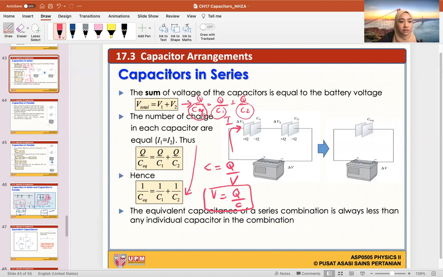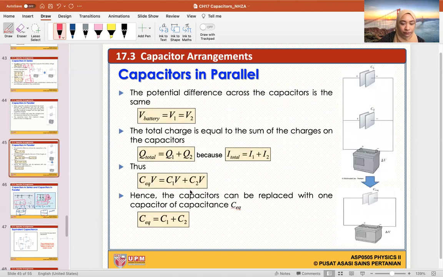Okay, so that is for series. For parallel, we know that V1, V2 and the battery voltage are equal. So V1 equals V2 equals V total. Again, C equals Q over V. V is equal in this case. Then I try to substitute into this equation.